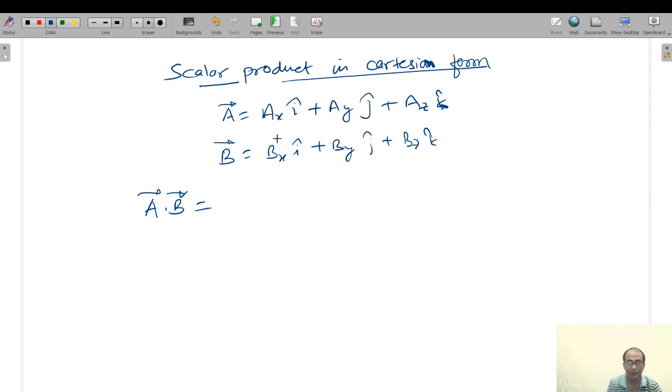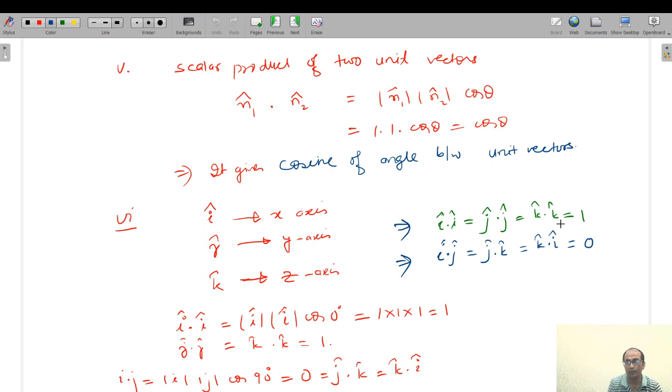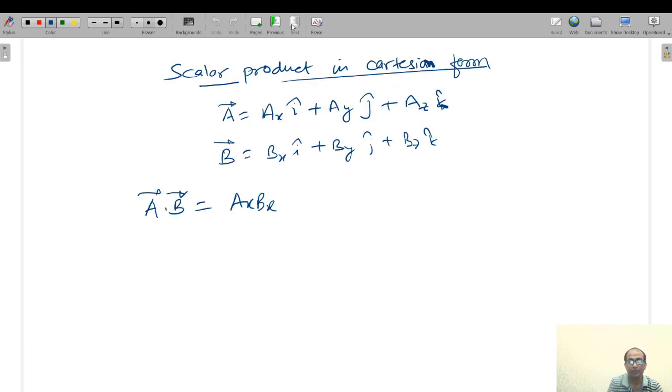So start doing it. Here you will get AX into BX and i dot i. From the previous slide, i dot i is 1, so you can replace it by 1. Then when you multiply AXi with BYj, you get AX into BY and i dot j.